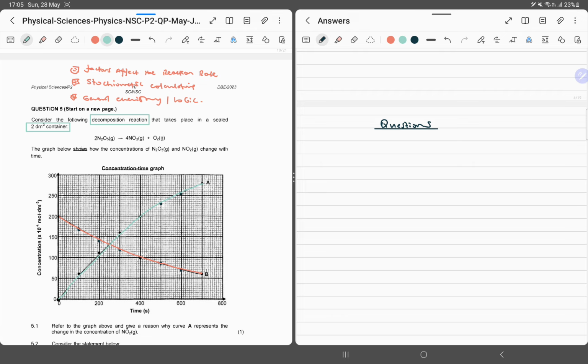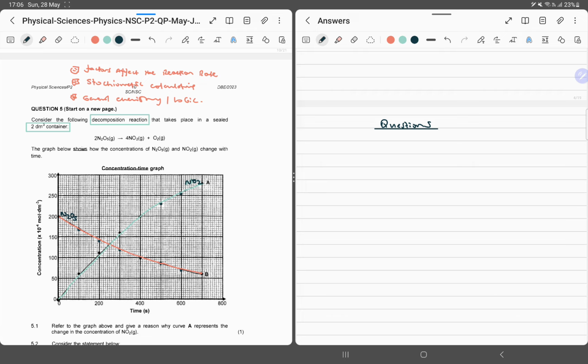Okay, so we know that this one should represent our nitrogen dioxide. Oh, you can't see, ne? Maybe let's make it black. So that would be nitrogen dioxide, and that would be dinitrogen pentoxide. Okay, not a problem.